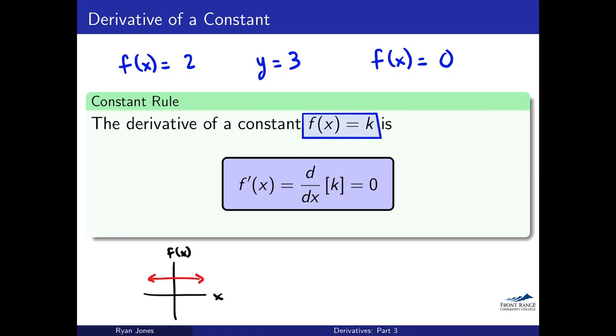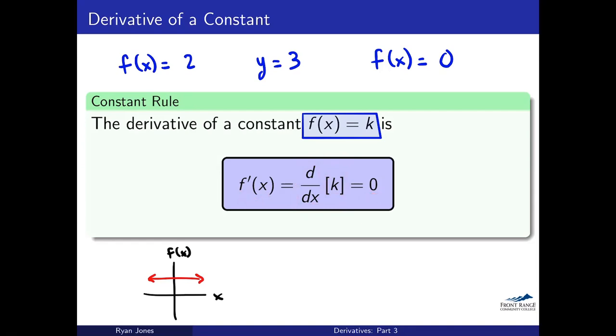Now, notationally, if I have a function f of x, then f prime of x, which is the derivative, means the same exact thing as d dx of k, which is my function. So this is just another way of writing the derivative of my constant k, and that just ends up being 0. So f prime of x is 0, and there we go.